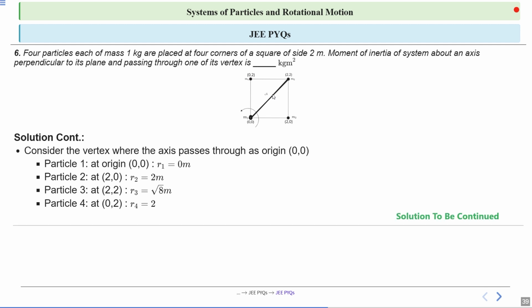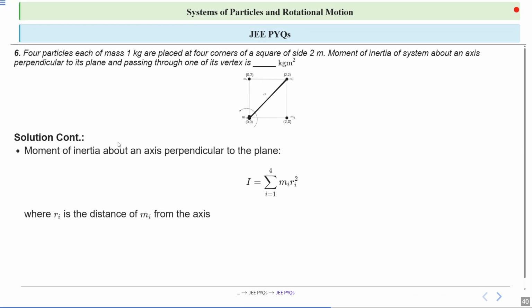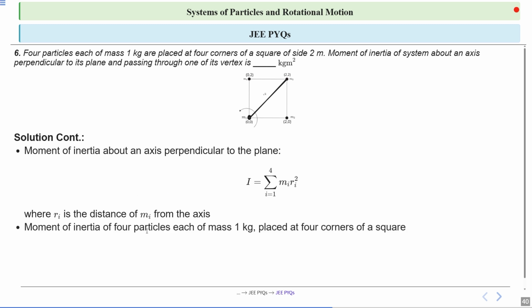So here, the moment of inertia about an axis perpendicular to the plane: the formula is I equal to summation i equal to 1 to 4 of m_i r_i square, where r_i is the distance of m_i from the axis. So the moment of inertia of 4 particles each of mass 1 kg placed at 4 corners of the square: I equal to M1 R1 square plus M2 R2 square plus M3 R3 square plus M4 R4 square.